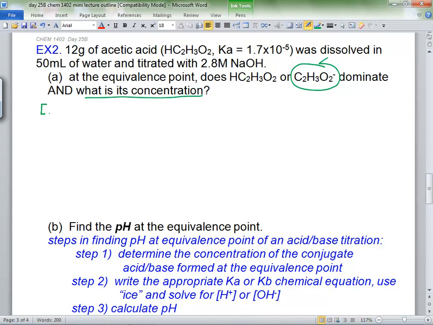In brackets, I would put C2H3O2 minus. And then do you remember what I wrote? Moles over liters. Close. Moles over liters is right. But there's nothing wrong with doing what Jasmine said.